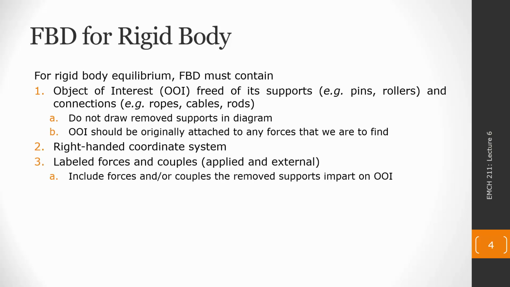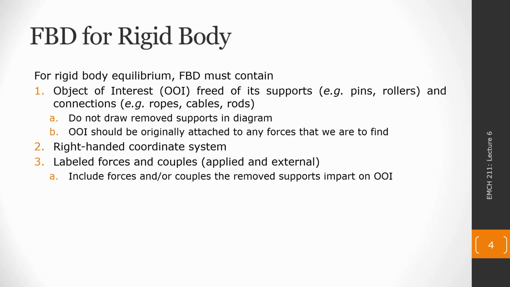All forces, whether they're applied or reactions, and couples, whether they're applied or reactions or externals, need to be labeled, and they need to have either their numerical value or a variable name if we don't know what it is. Making sure that forces are designated using a single arrowhead and couples either with a double arrowhead in the direction of the axis that the moment is about, or a curved arrow around the axis that the couple is acting.